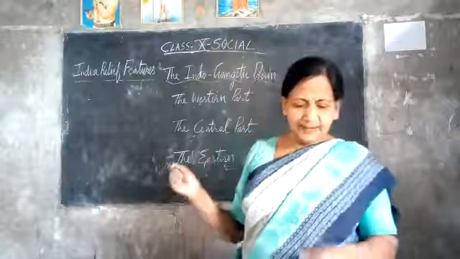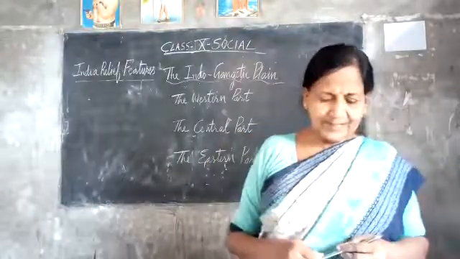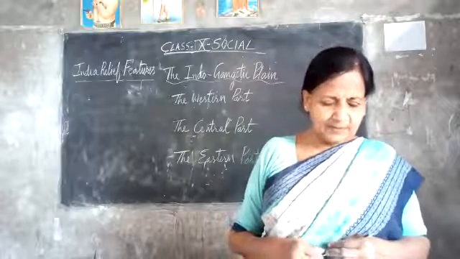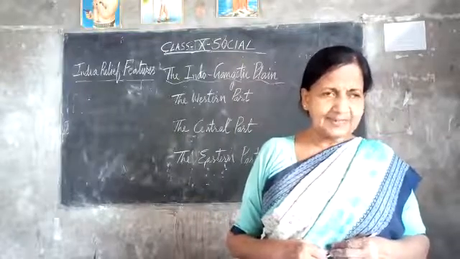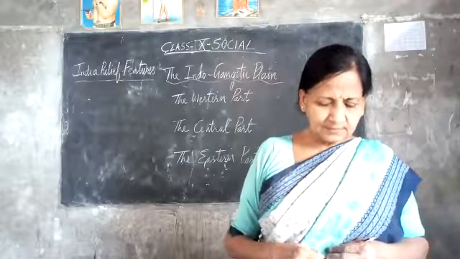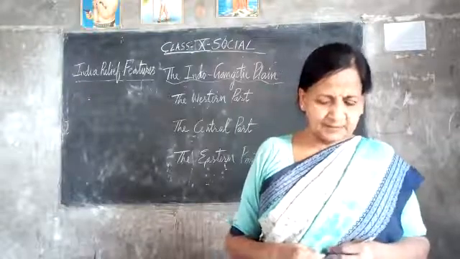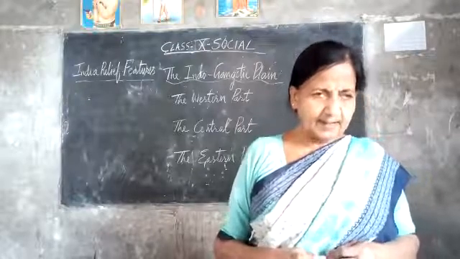The central part, children, is known as the Ganga Plain. It extends its rivers from Ghaggar to Tista. It is lying in the states of Uttar Pradesh, Bihar and Haryana.